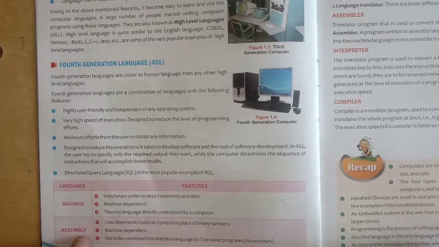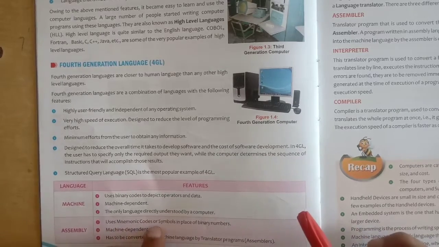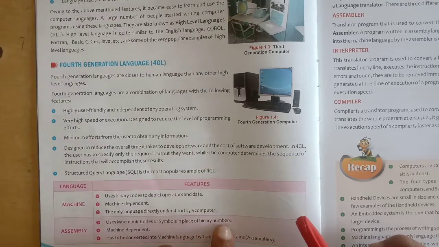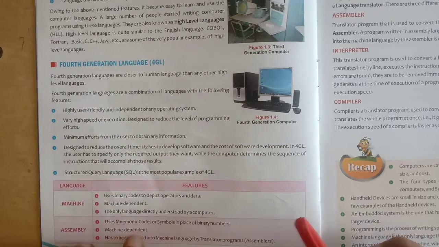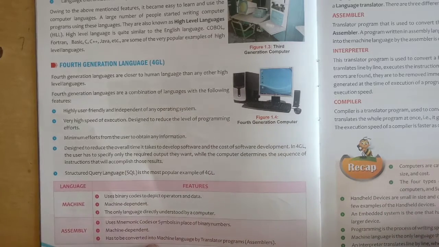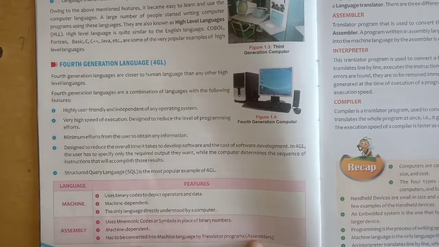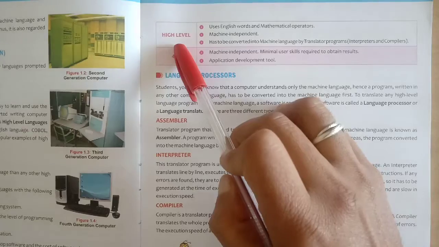After this, assembly language. Use mnemonic codes or symbols in the place of the binary code. It is also machine dependent. Has to be converted into machine language by translator programs like your assembler. After this, high level language.